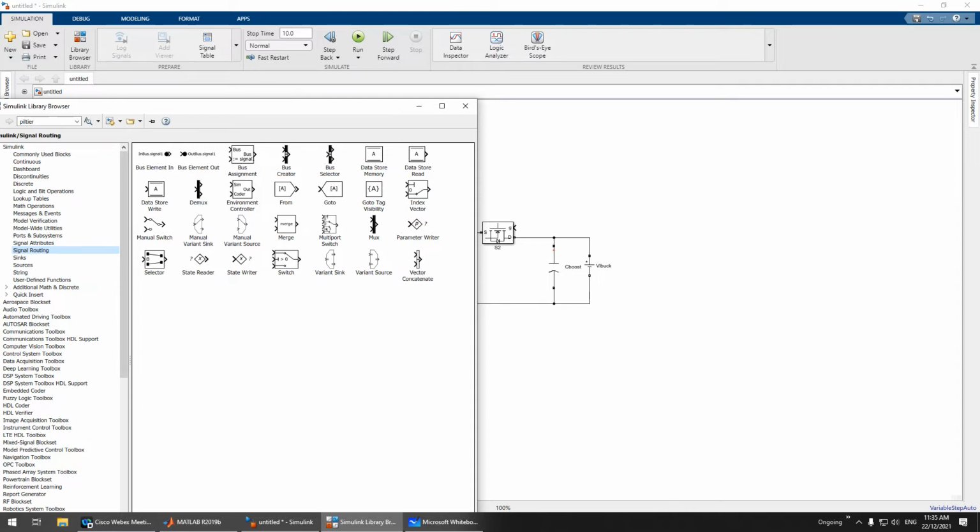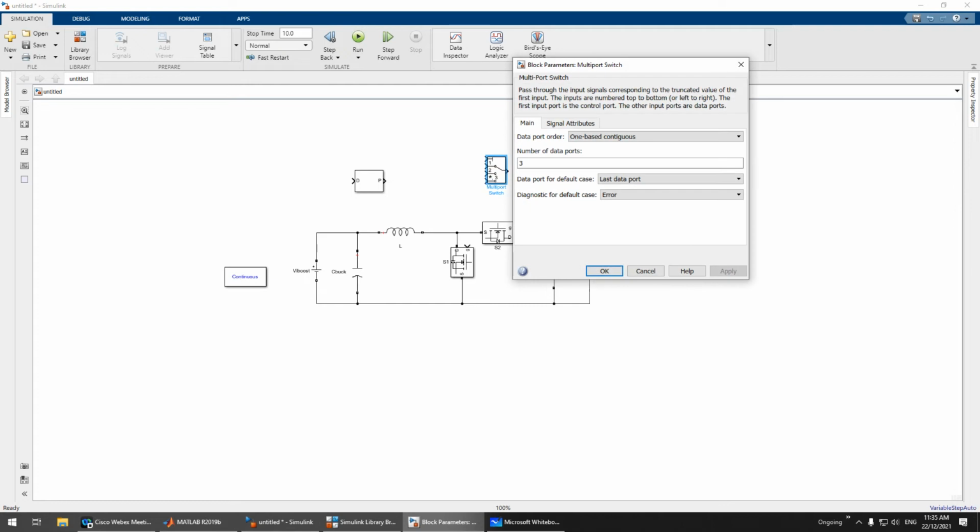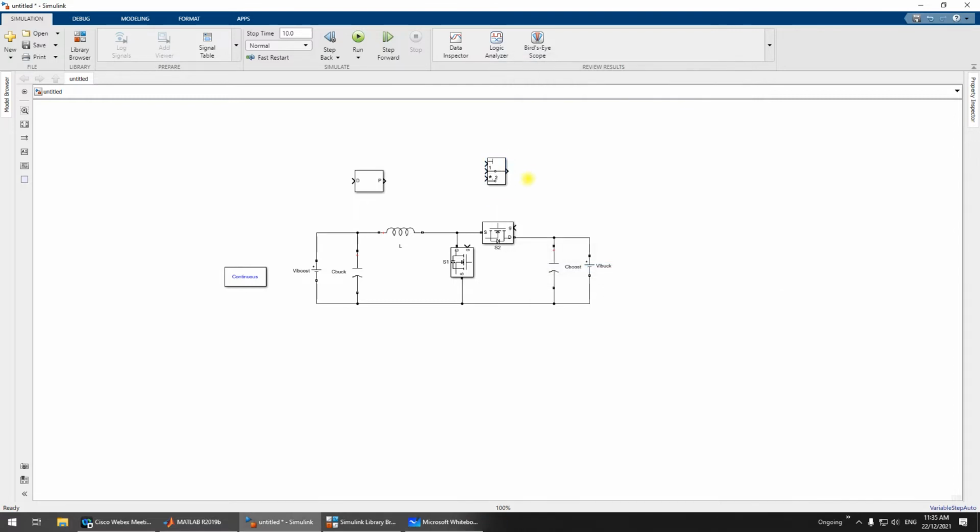Okay, how to use signal routing? You can use a multi-port switch block. So for the multi-port switch here, you have only two data inputs. So adjust it here, and here.